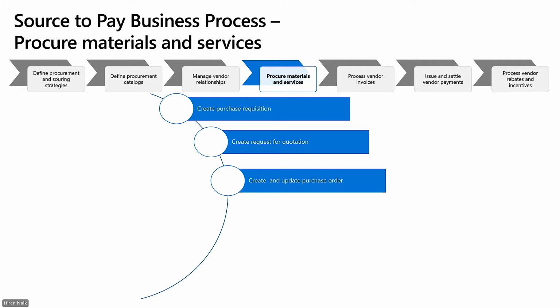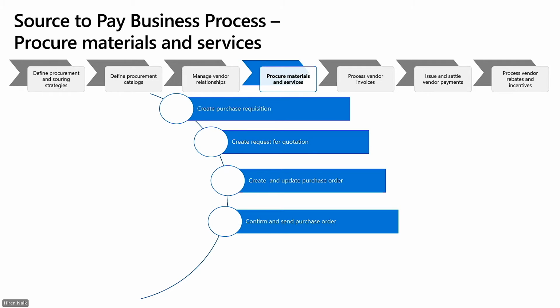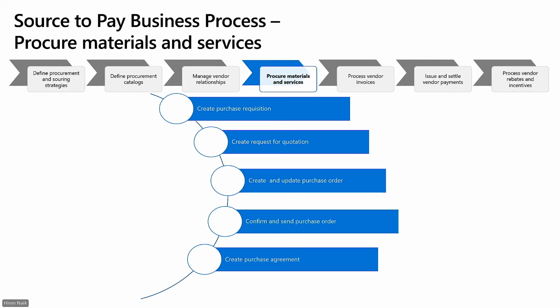Confirm and send purchase order. It authorizes the supplier to fulfill the order. Create purchase agreement. The purchase agreement process allows for the creation of a contract that commits the organization to buying a specified quantity or amount over time through multiple purchase orders.